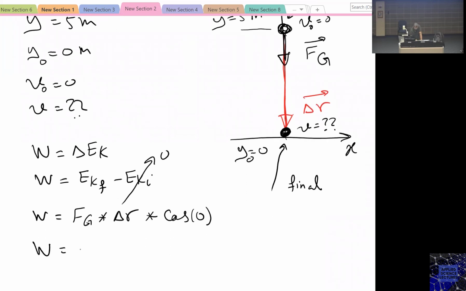So W is the mass times the acceleration of gravity times 5 times 1, and the work is 5.4 joules.